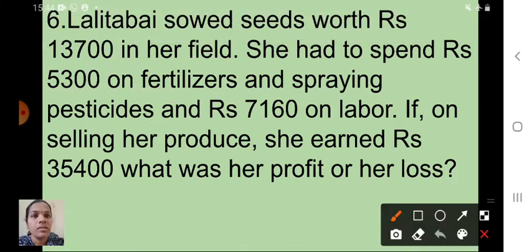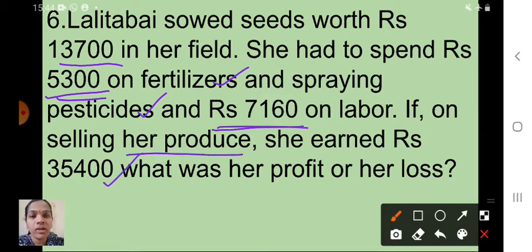Yes, so for sowing the seeds, she spent 13,700. Okay, she had to spend rupees 5,300 for fertilizers and pesticides, and for labor she spent 7,160. Okay, so if on selling her produce she earned rupees 35,400.